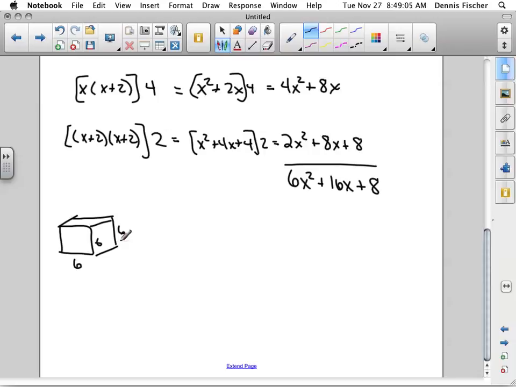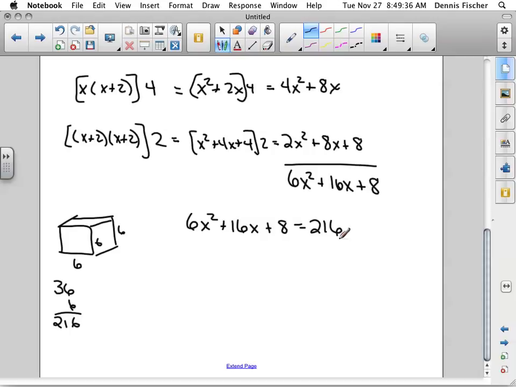So the area of one side would be 6 times 6, which is 36, times 6. So the surface area of this figure would be 36 times 6, which is 216, correct? So now when we set the equals, as it has the same surface area, we're going to set it equal to 216.